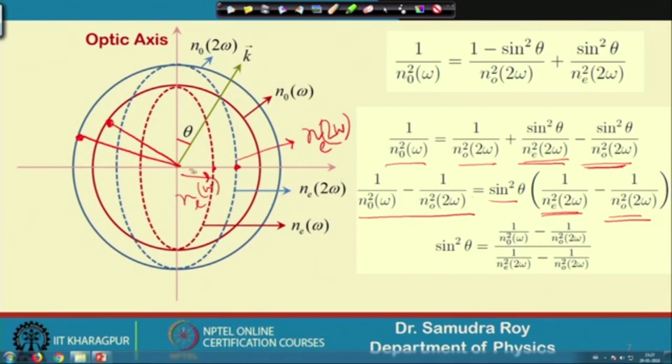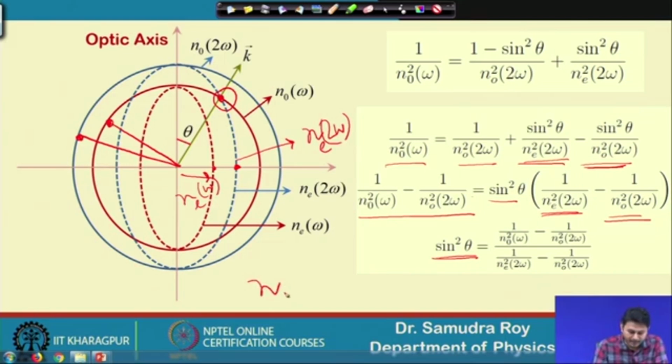So, all these values one can find out with this index structure. Mind it is a function of lambda. So, omega is a fixed value here, for different omega we will have different structures. But the important thing is that if these values are provided, then we can readily find the angle at which this condition is valid. That means, this condition where n_o of omega is equal to n_e of 2 omega at angle theta.